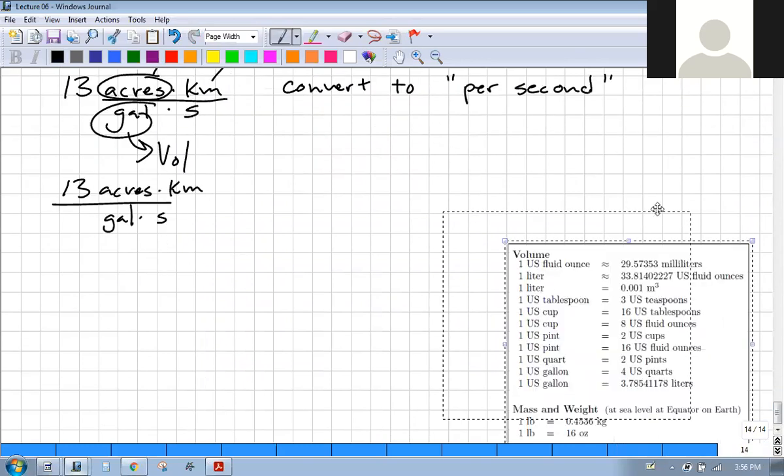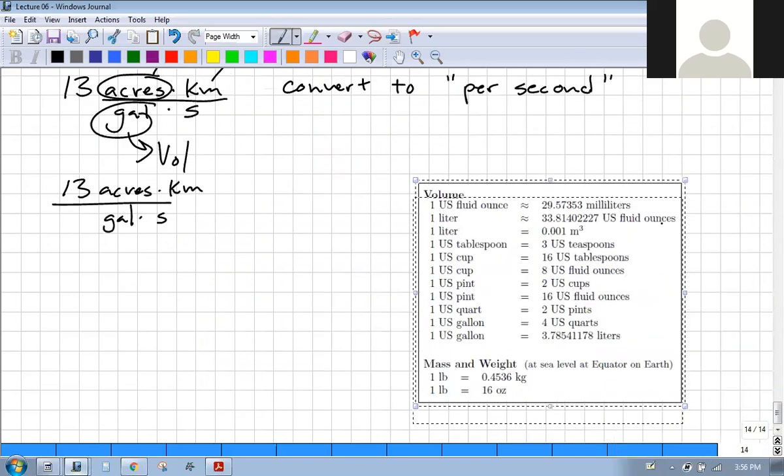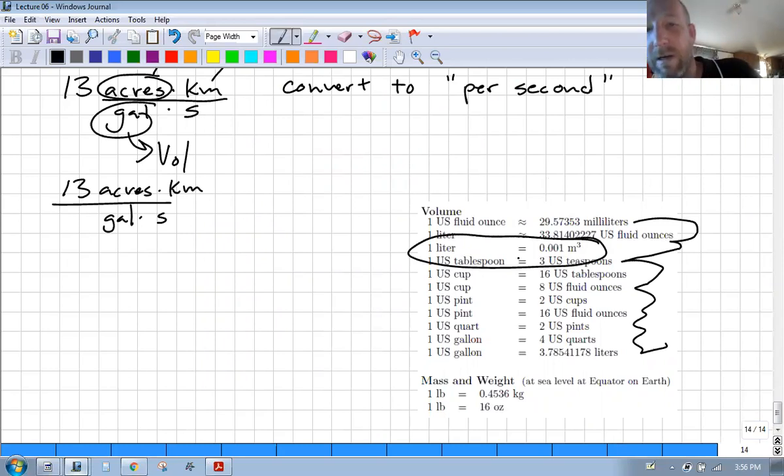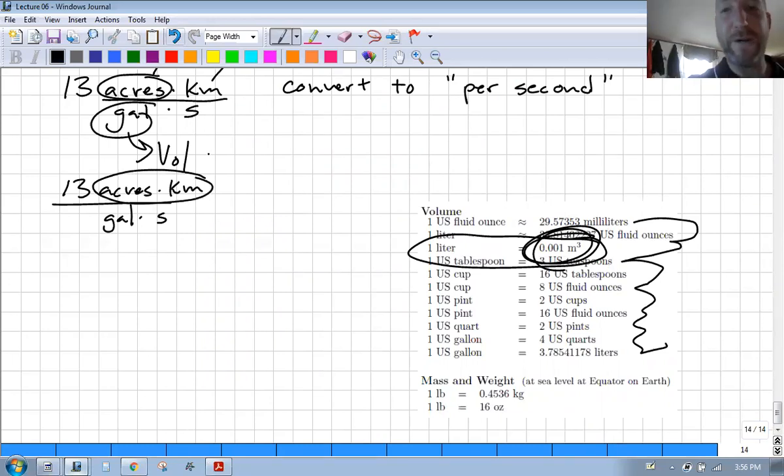So if we look at these, you got milliliters, fluid ounces, teaspoons, liters, quarts, but look at this one. 1 liter is 0.001 meters cubed. That's a length right there, isn't it? It's a length you could use cubed. So yeah, if we can turn this into meters cubed, all right?